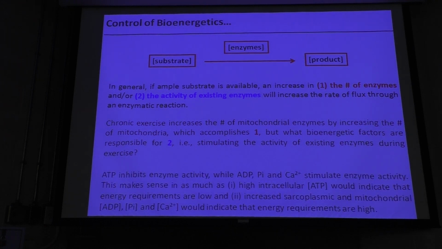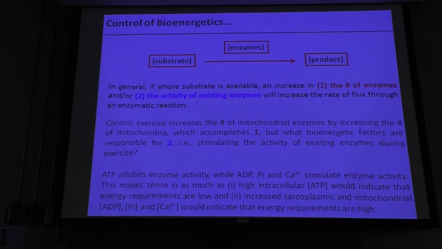As I mentioned before, ATP itself is actually an inhibitor of enzyme activity. If you have an excess amount of ATP in the cell, it indicates that we don't have much energy requirement, and so you're probably going to decrease enzyme activity because you don't need to drive that enzymatic reaction aggressively.